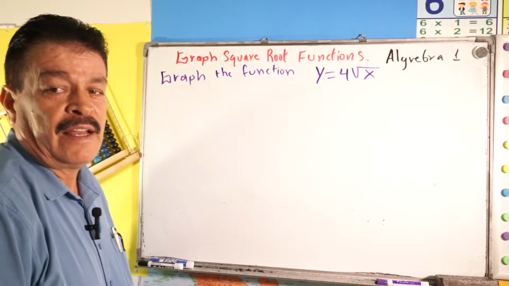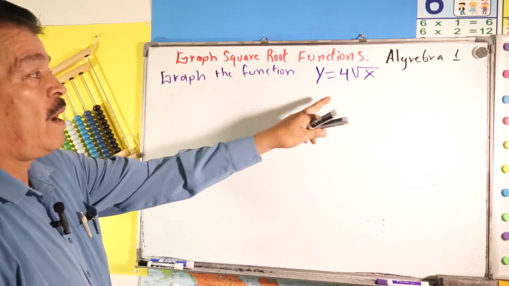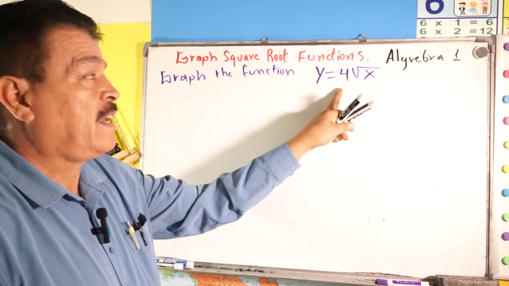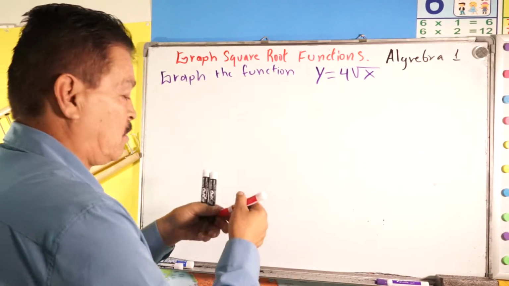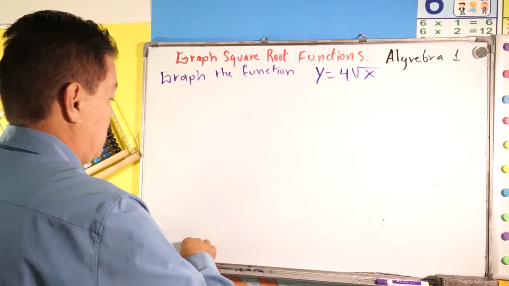So in this case, to graph y equals 4 square root x, start by finding the endpoint.